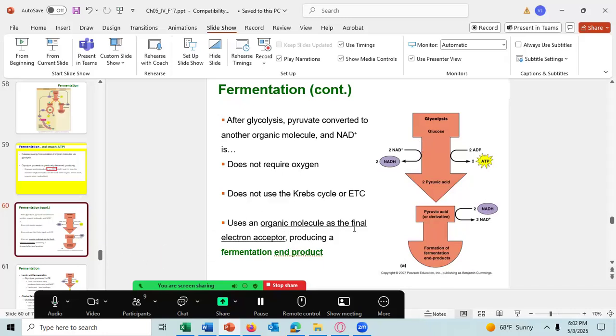And then the electron flows to an organic molecule as the final electron acceptor. In this case, pyruvic acid is the final electron acceptor. You don't need to know that, but you just need to know that it's a molecule of the fermentation process.